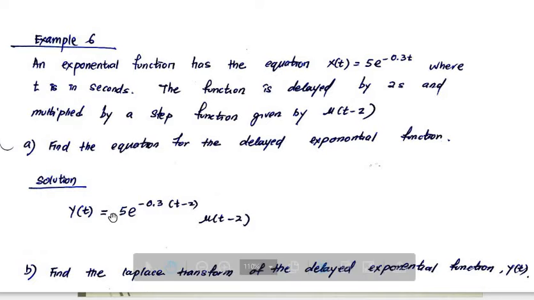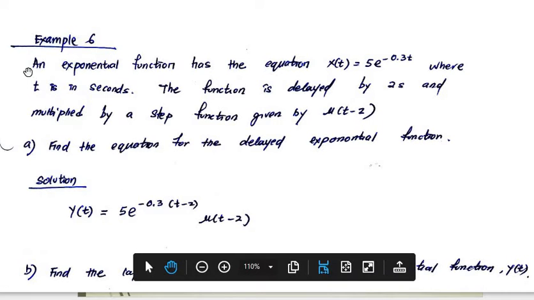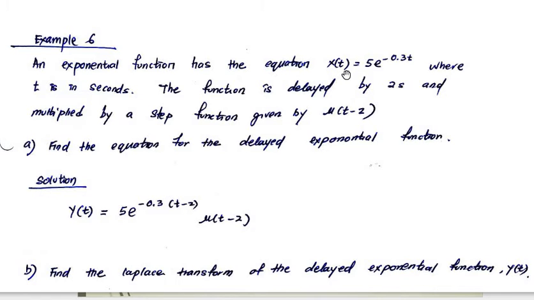So first of all, x(t) is equal to this one, and the function is delayed by 2 seconds, so you need to write down the equation.